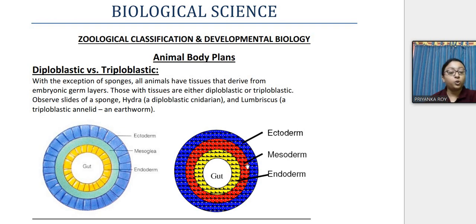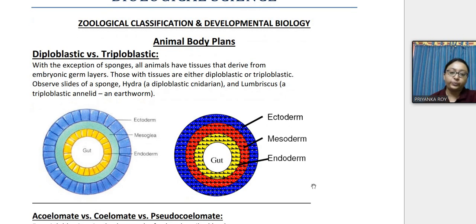These are also called germ layers because these are derived from the embryo, and when the embryo develops, these three layers give rise to all the different body parts that we have now as an adult. Therefore these are also called embryonic germ layers. And according to these three layers, we can name the animals as diploblastic or triploblastic with the presence or absence of mesoderm.